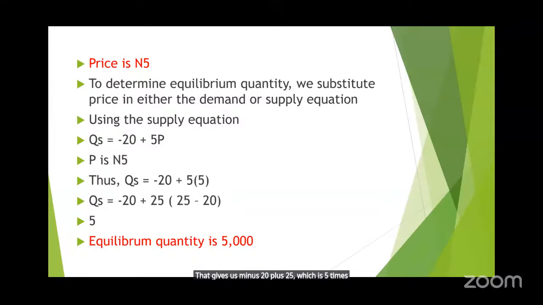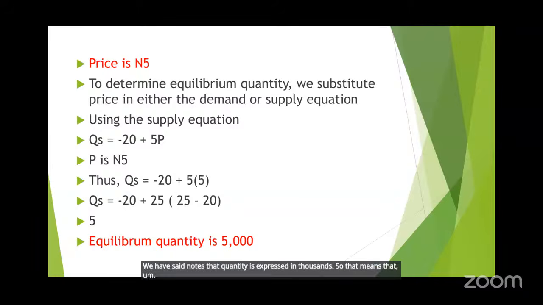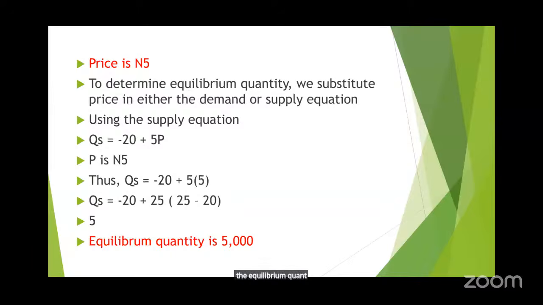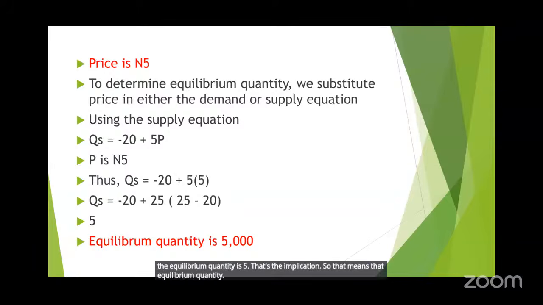But don't forget that we have noted that quantity is expressed in thousands. So that means that the equilibrium quantity is 5,000.